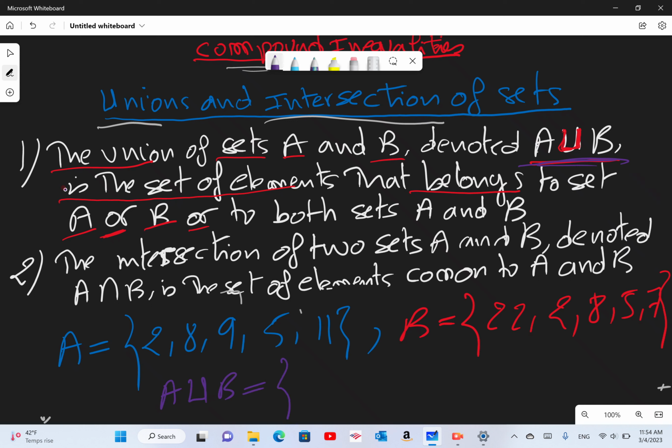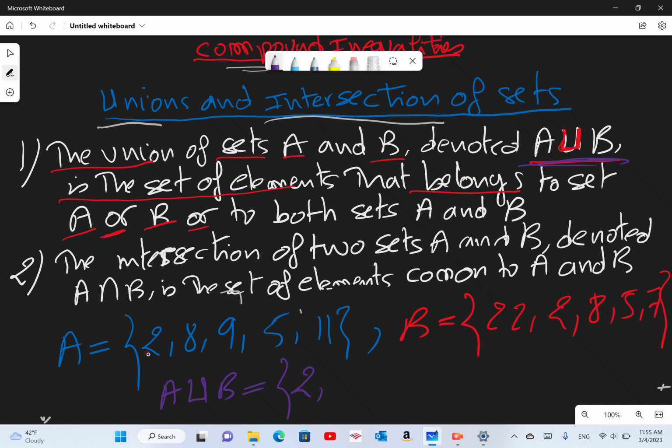According to the definition, A union B is also a set, of elements that belong to set A or B. It means if an element belongs to A, it is in A union B. If an element belongs to B, that element is also in A union B. So what would be A union B in this case?